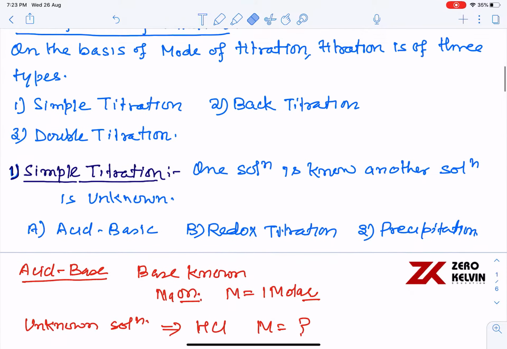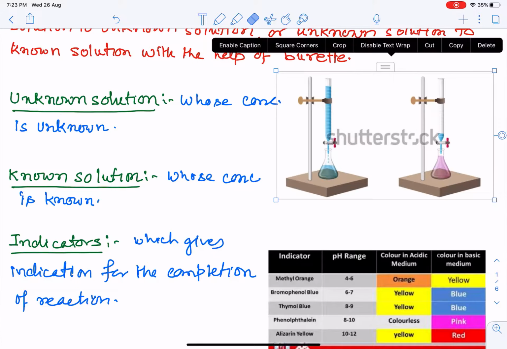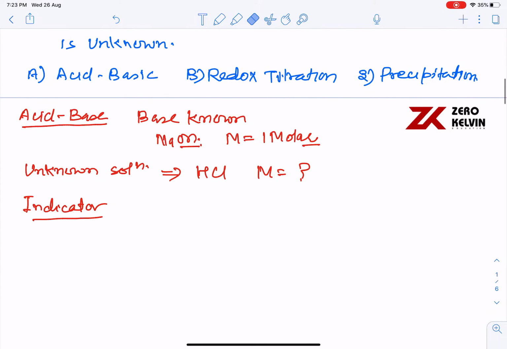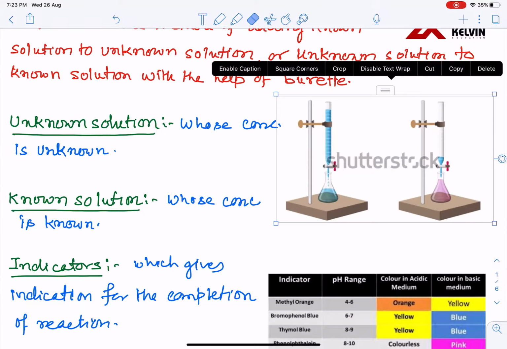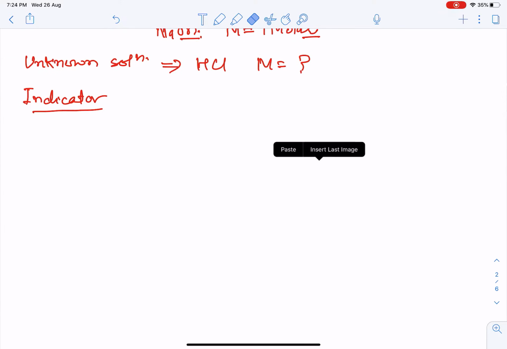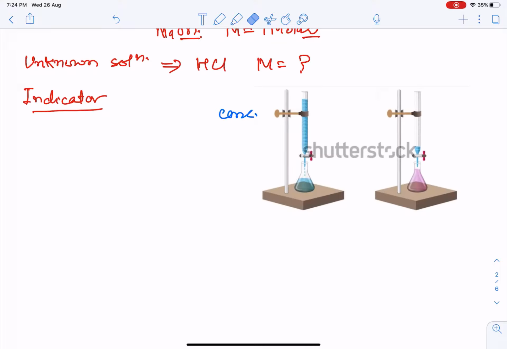So unknown solution is normally taken in the burette. Suppose I am taking this part, and this part I am taking over here so that I can explain you. Suppose in this case I have taken the known solution over here.